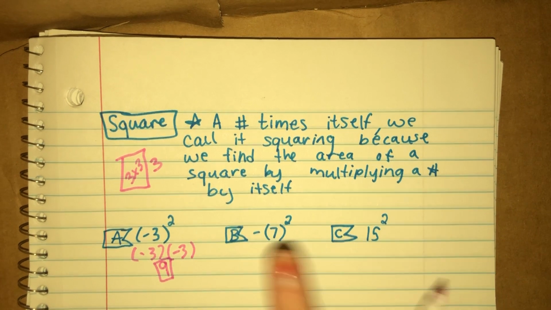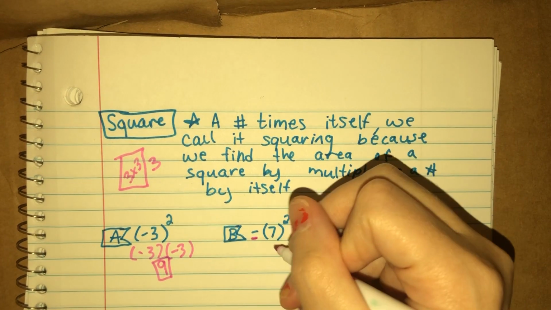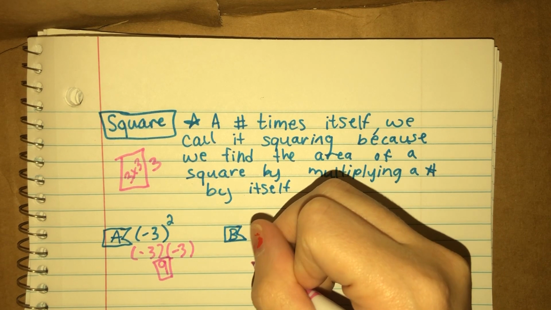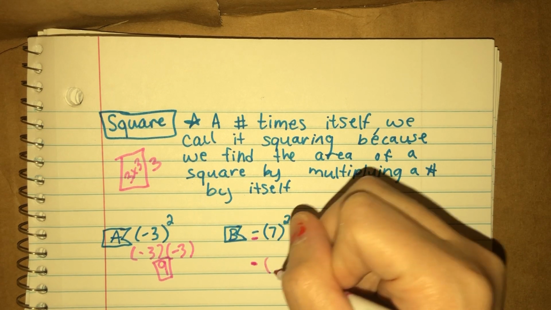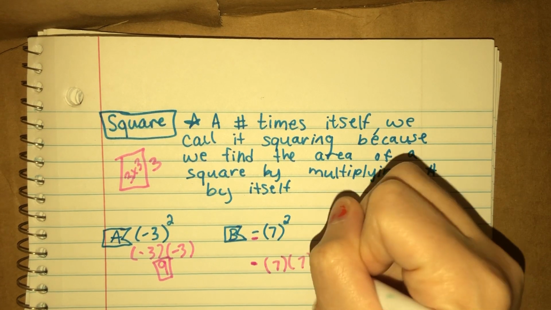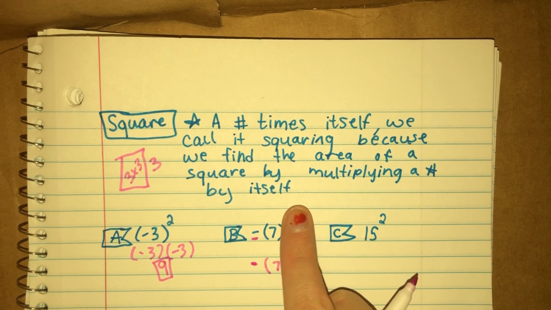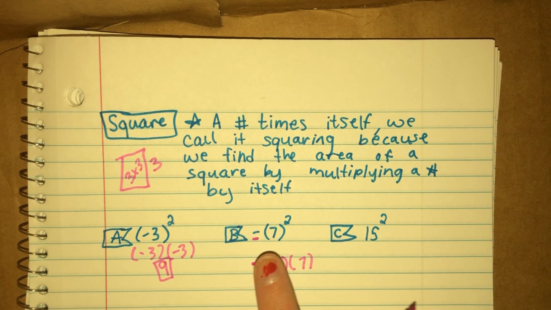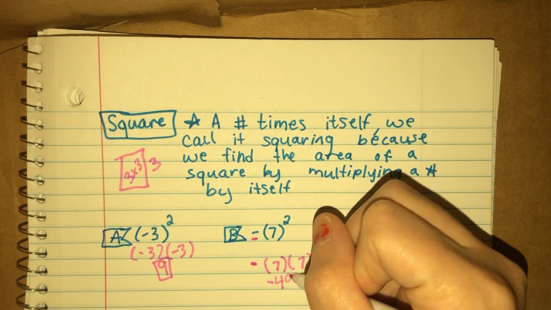This one, example B, is a little bit different because the negative is on the outside, which means it's not included in our multiplication, it stays on the outside. So 7 is what we're multiplying by itself. So 7 times 7. So this is like the opposite of 7 squared. So the opposite of 7 times 7 is -49.